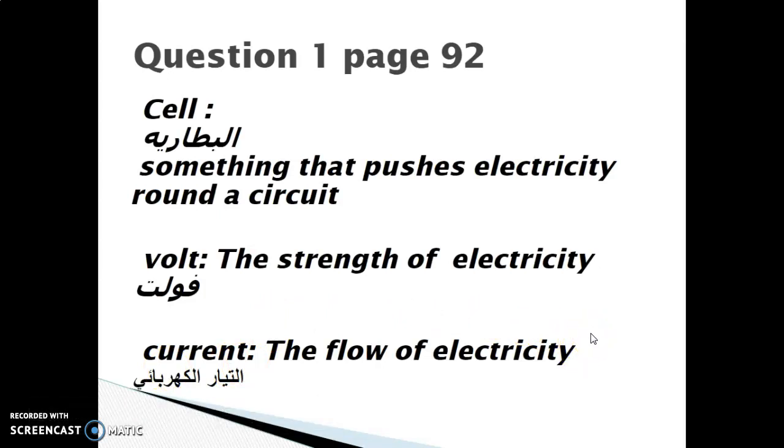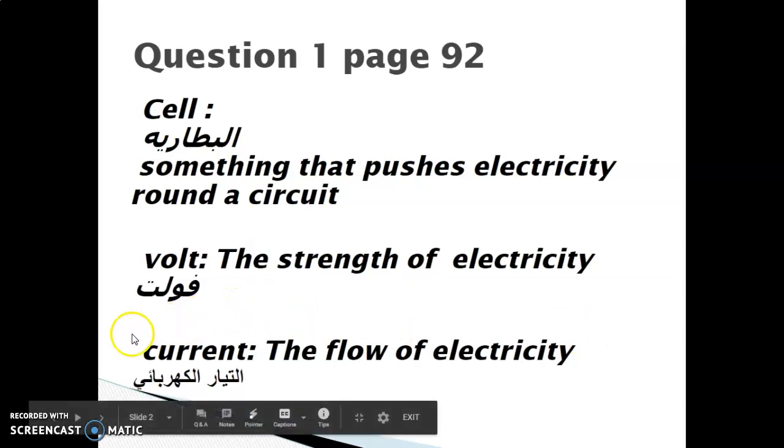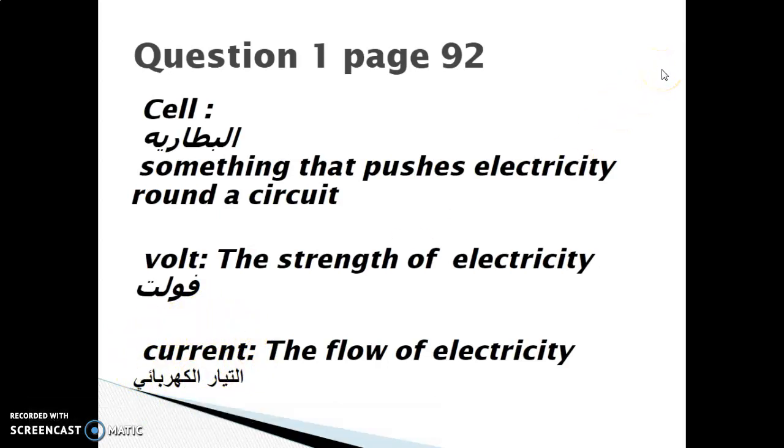Its answer is current. I will wait a moment so that you can check your answers. A. Cell. B. Volt. C. Current.